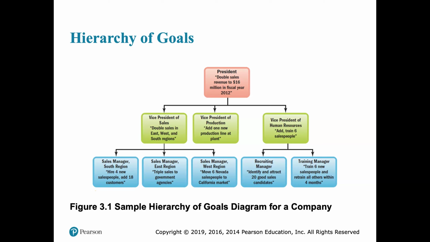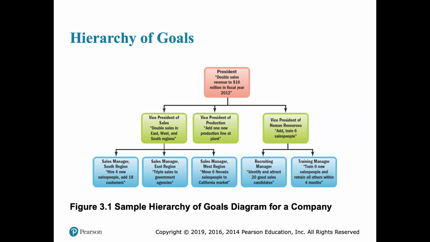Now it trickles down to the next level, the vice president level. So you have the vice president of sales and the vice president of production. Of course, they have to determine how many more people they need to hire in human resources to achieve this increase in sales.